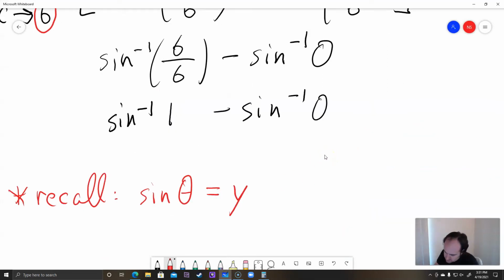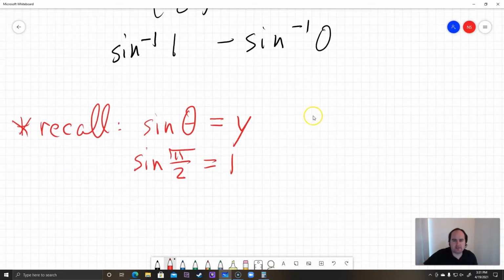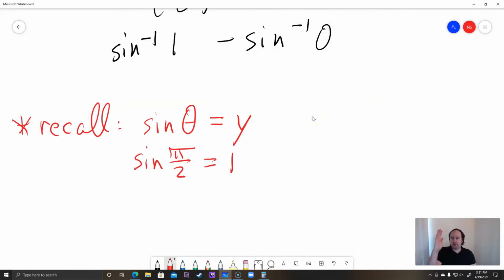Okay? So remember, sine of pi over 2 equals 1, because it's the y-coordinate and you're at 90 degrees as we just saw. So that means sine inverse of 1 equals pi over 2.